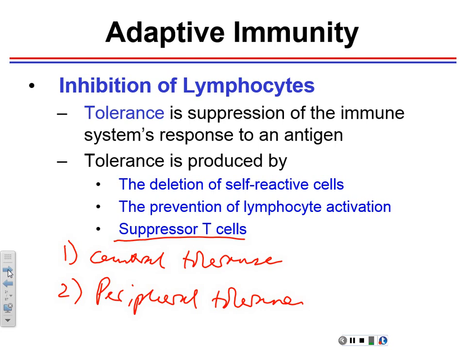Do you see the difference between the two now? The central tolerance occurs during production, and then if any escapes, peripheral tolerance will take care of it and will destroy those particular immune cells that will launch an immune attack against self-antigens, right? Okay, so gotta know these two, right?